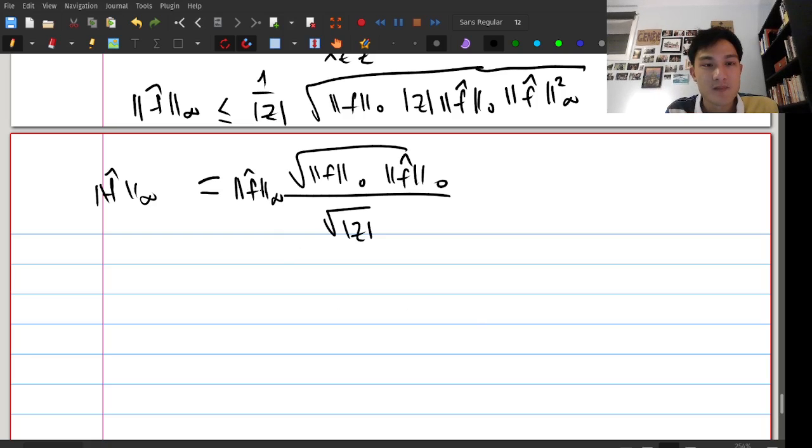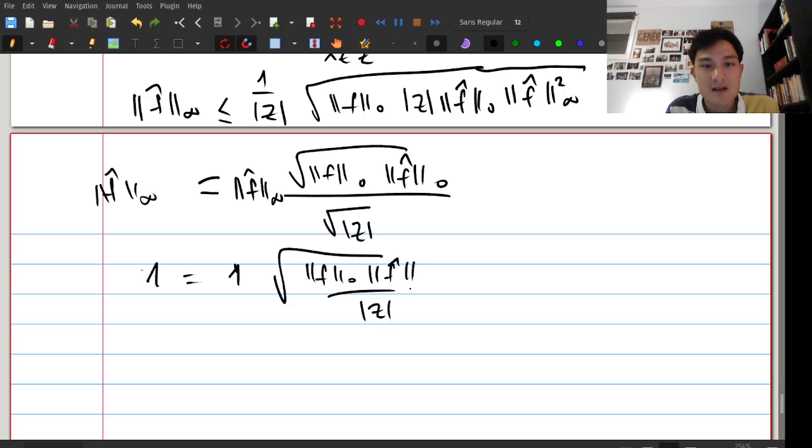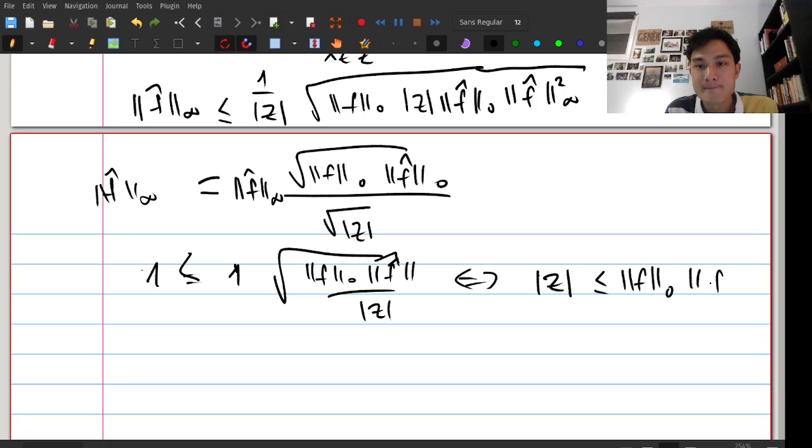So we can divide, and so we get 1. You can rearrange, right? So 1 equals 1 over f hat z, and this is the same thing as saying that z is less than or equal to f hat.